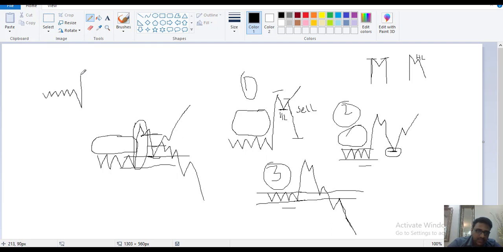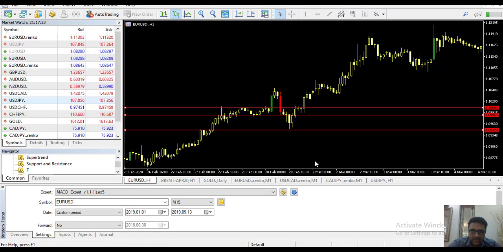Then this thrust bar happens. This is the thrust bar, the bullish one, and then it came back down to that area and then went up, right? Similarly, in our situation, this is the bearish one.